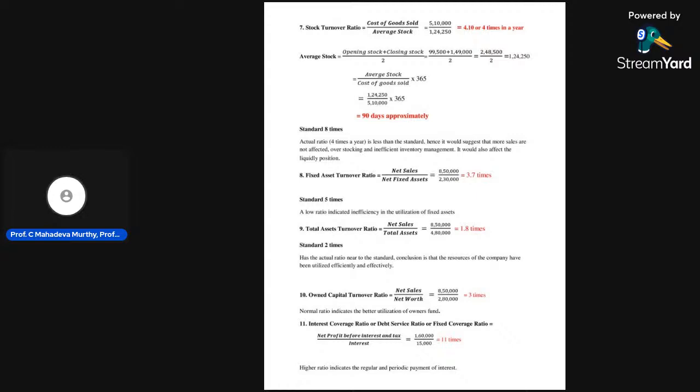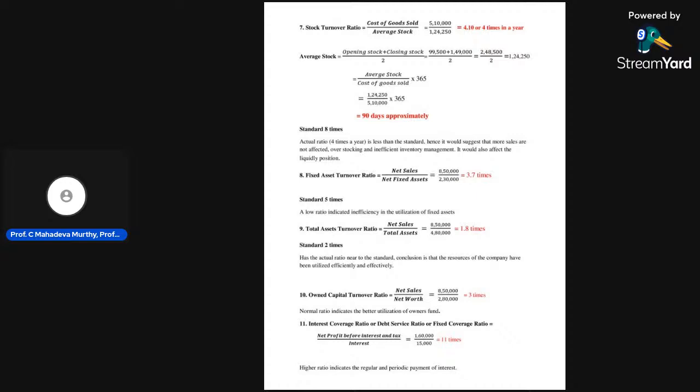Average stock is 1,24,250. See, opening stock is 99,500 and closing stock is 1,49,000; divided by 2, that is 2,48,500 divided by 2, equal to 1,24,250.